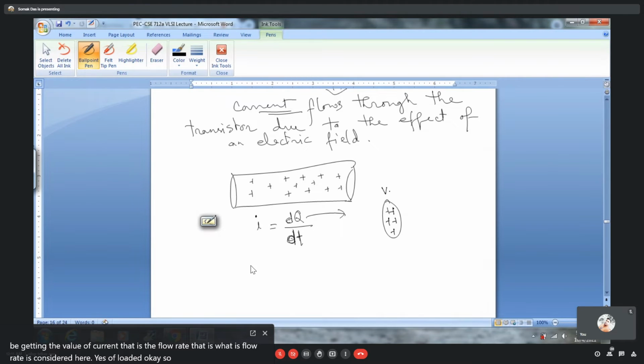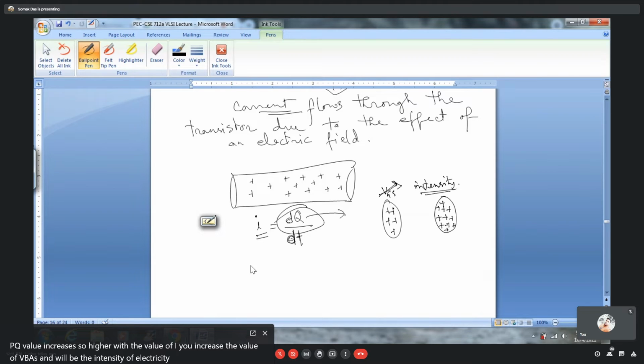So this is for a particular VGS value, which is a variable value. You increase the value of VGS, and within the cross-sectional area there will be an increase in the number of positive charge carriers. So this dq value increases. So higher will be the value of I. You increase the value of VGS, higher will be the intensity of electric field.